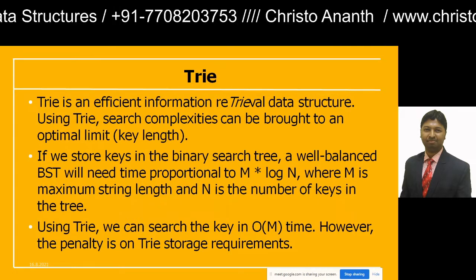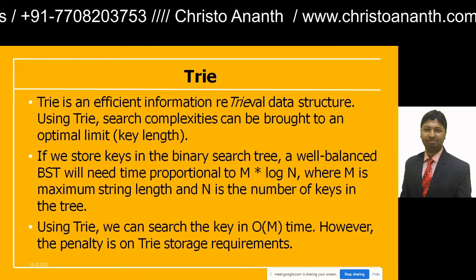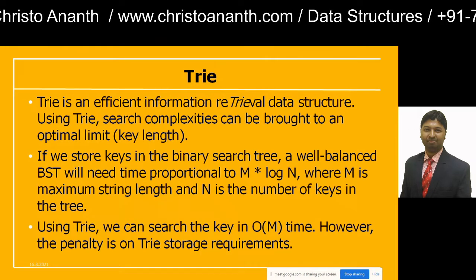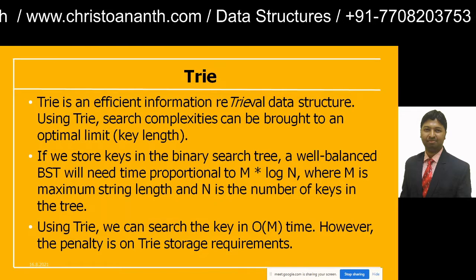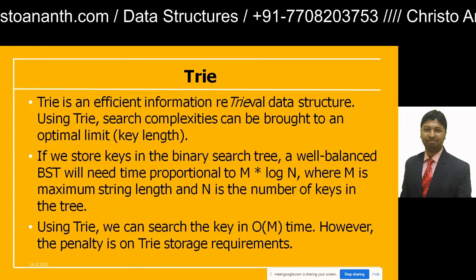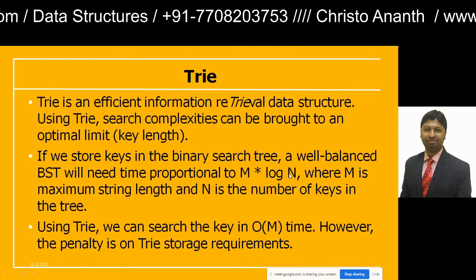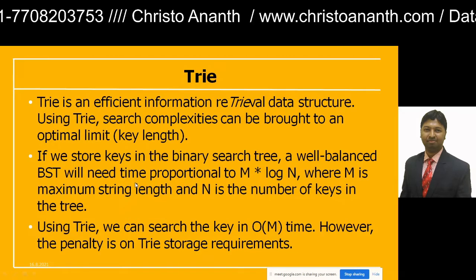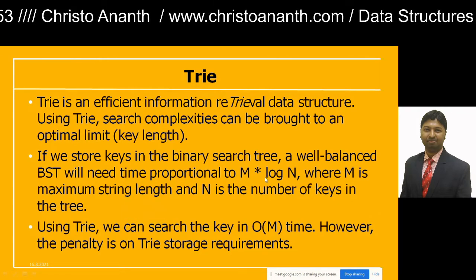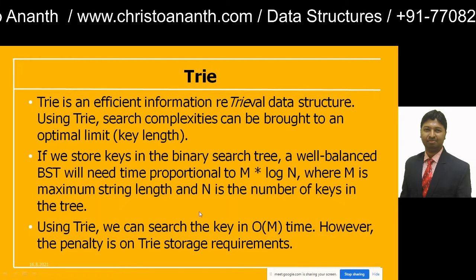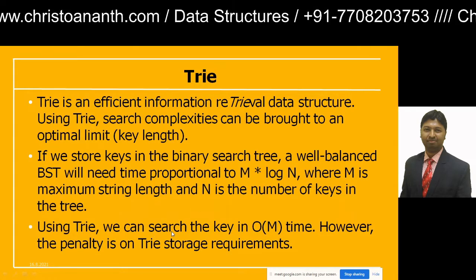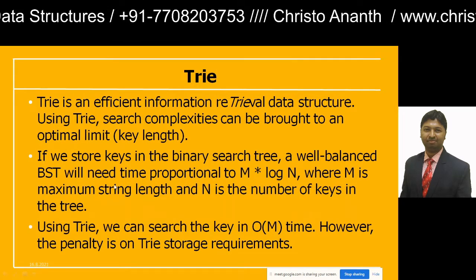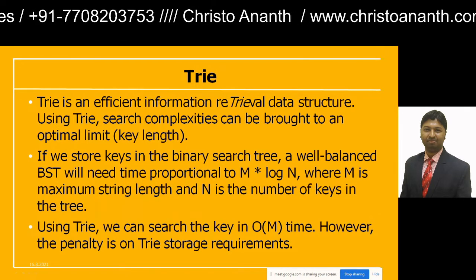If we store keys in a binary search tree, a well-balanced BST will need time proportional to m multiplied by log n, where m is the maximum length of the string and n is the number of keys in the tree. Using a trie, we can search for the key in the order of m time. So it is an efficient retrieval data structure.